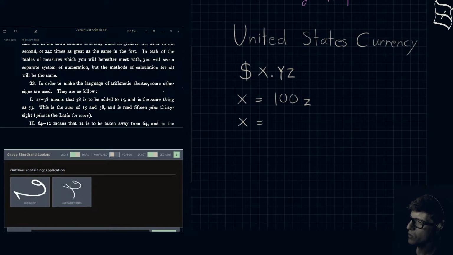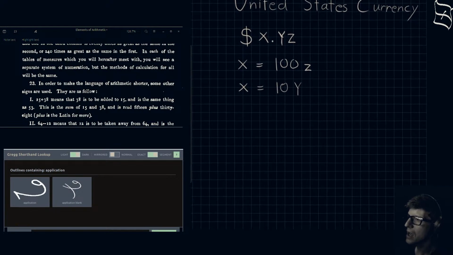And X also equals, because it'd be 100Z, this would be 10, right? It equals 10Y of that position. If we were to use that, that would be dimes, right? And so what are we going to say here? So X is a dollar. And Z is pennies. Y is also pennies.